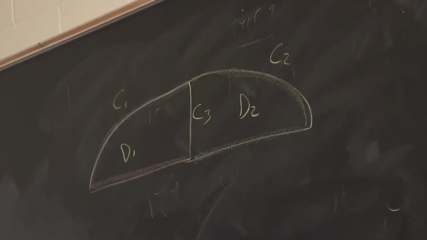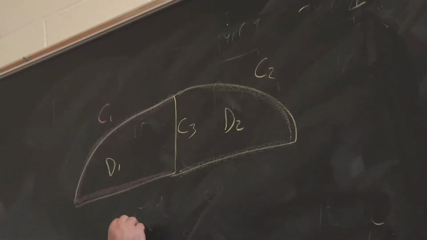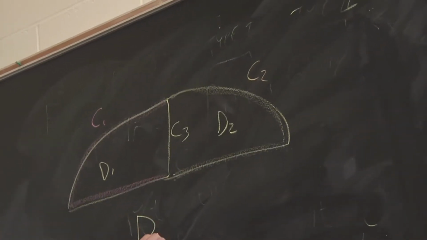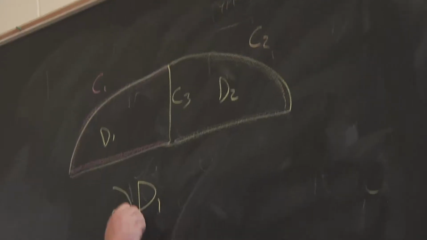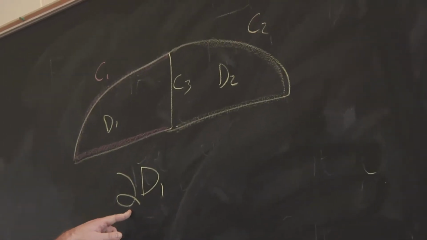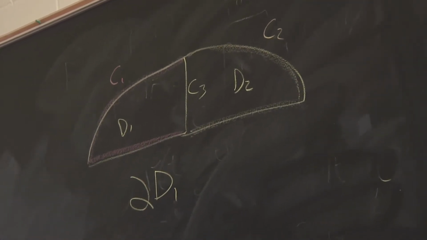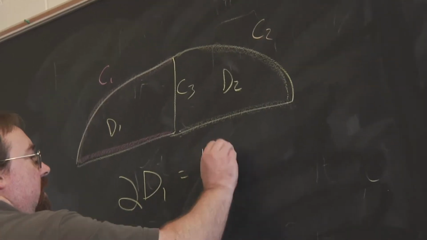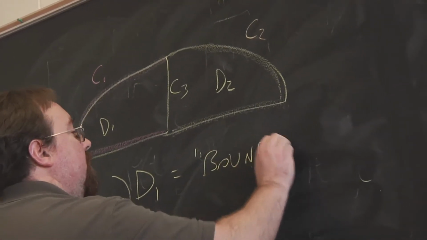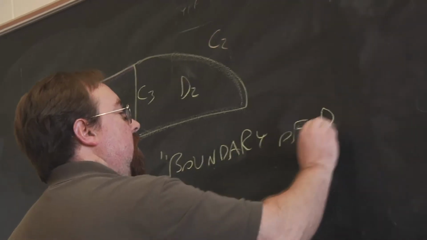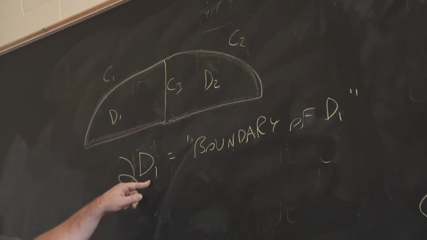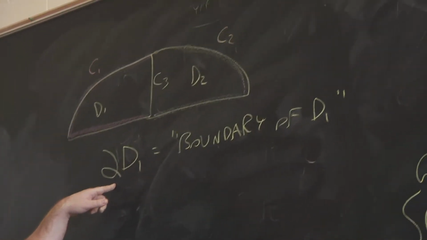So now here's some important notation that you should be aware of. The boundary of D1, so you're actually using a partial differentiation symbol with D1. Anytime you have a region, if you put this in front of it, it refers to the boundary.